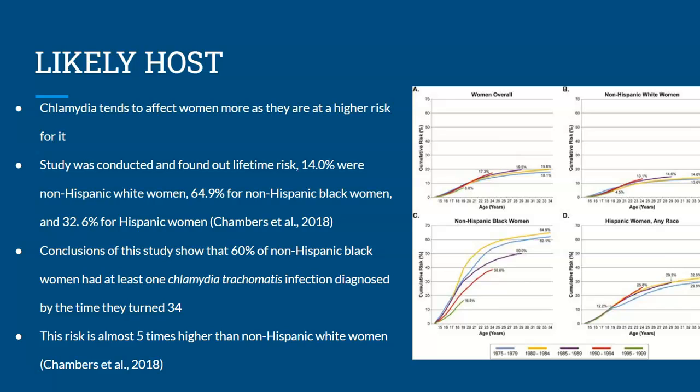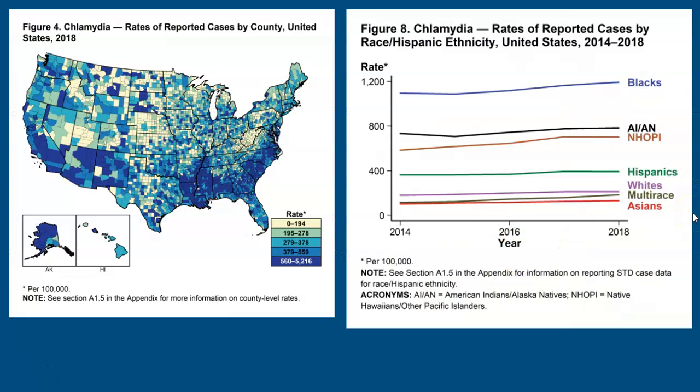The conclusion of the study showed that 60% of non-Hispanic Black women had at least one infection diagnosed by the time they turned 34. This risk is almost 5 times higher than non-Hispanic white women, so that shows a lot. And if you can see on this graph on the right, it shows that Black people are more at risk for chlamydia.